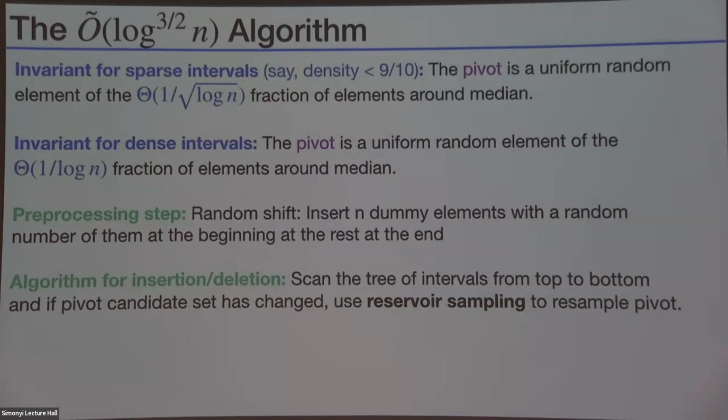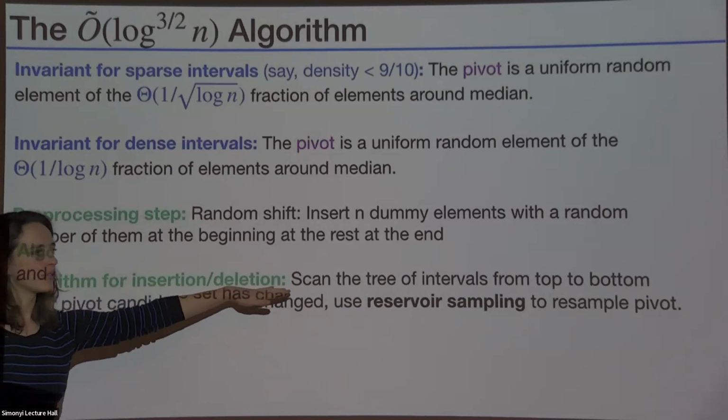And then how do we maintain these invariants? First, there's the pre-processing step where you do the random shift of inserting n dummy elements, with a random number at the beginning and a random number at the end. Might not be necessary. And then we have the algorithm for insertion and deletion, which is simply that we scan the tree of intervals from top to bottom.